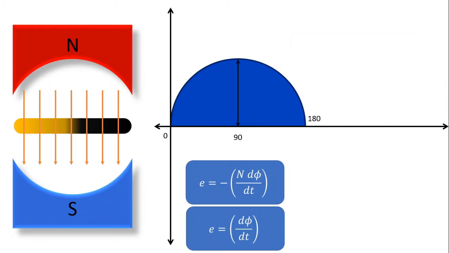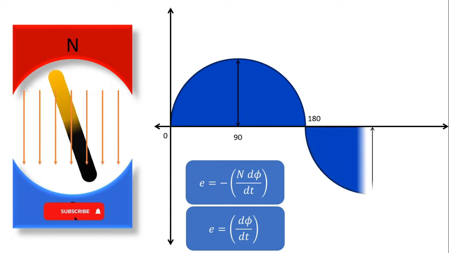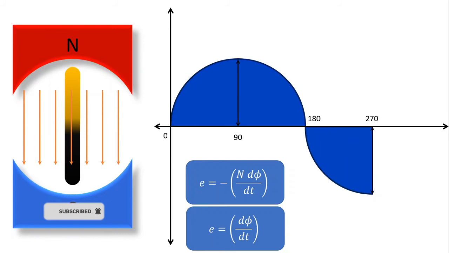Now if we shift this conductor further, let's observe what happens. When this conductor is shifted, again its velocity will become perpendicular to the magnetic lines of force. And when it is perpendicular, the EMF induced we are getting is again maximum.